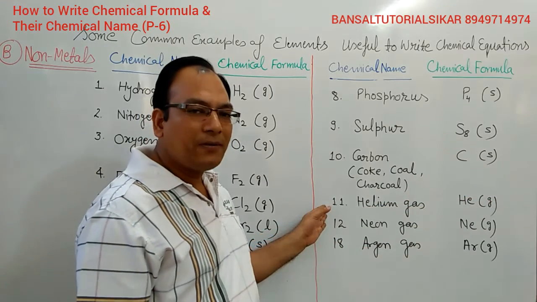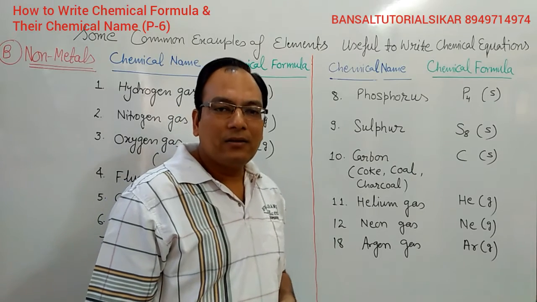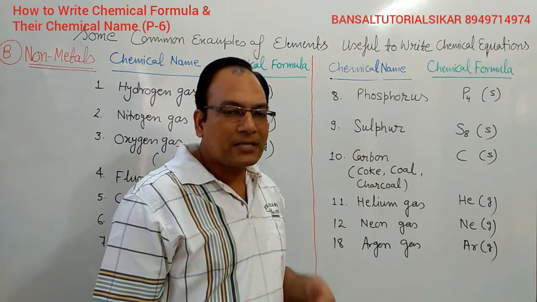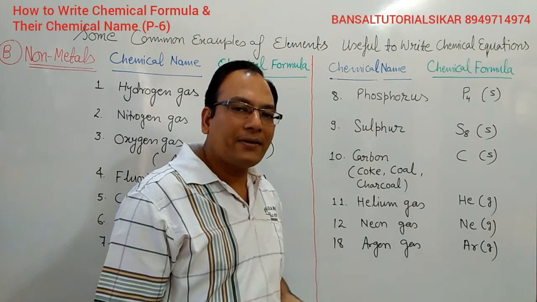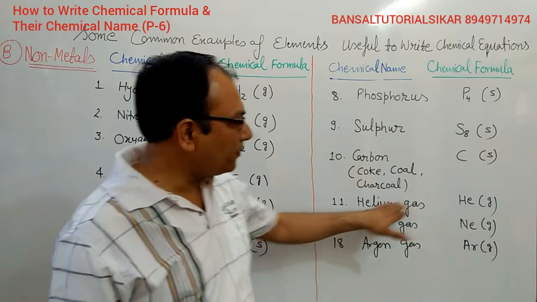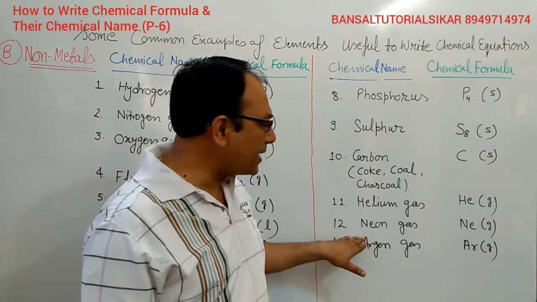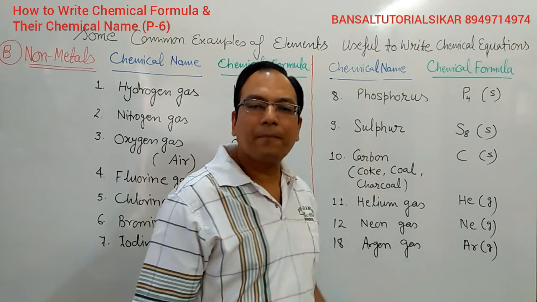If helium gas is given, helium, neon and argon never react with other elements, but sometimes we have to use them to explain the chemical reactivity of the atoms. So the formula for helium gas we will write down He, neon gas we will write down Ne, and argon we will write down Ar.